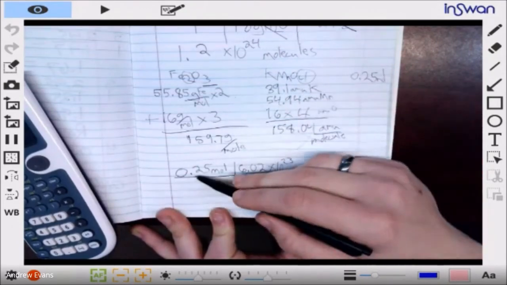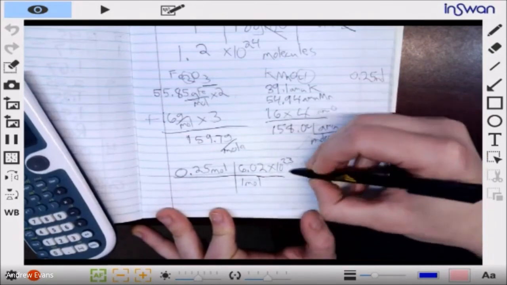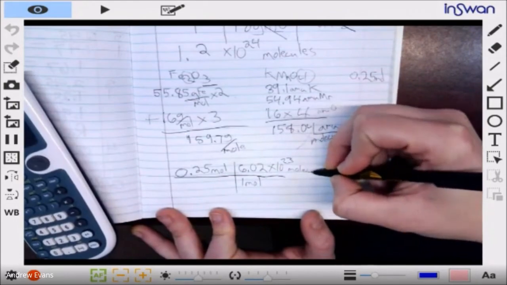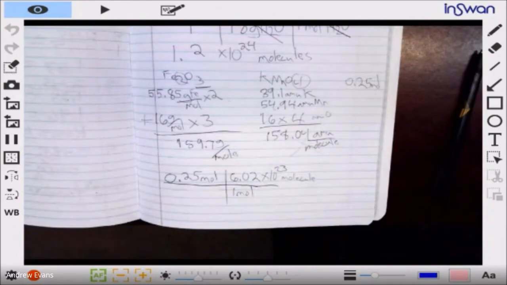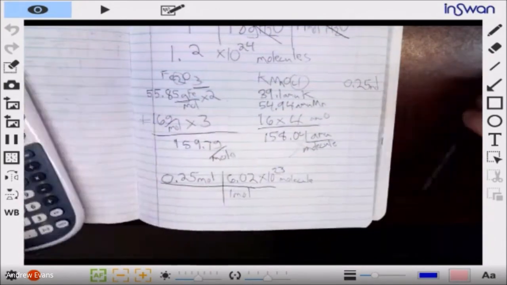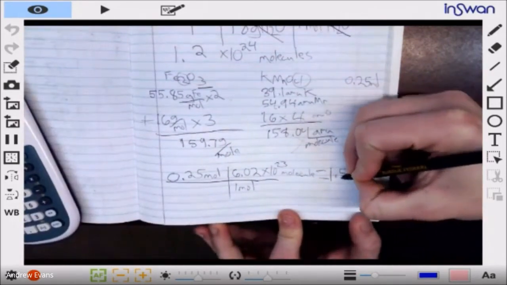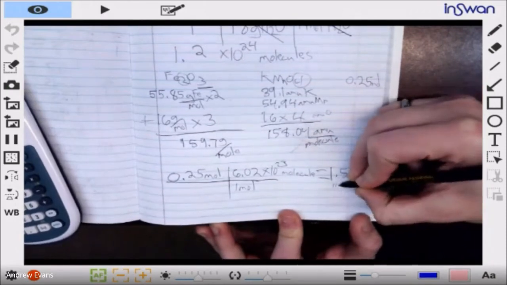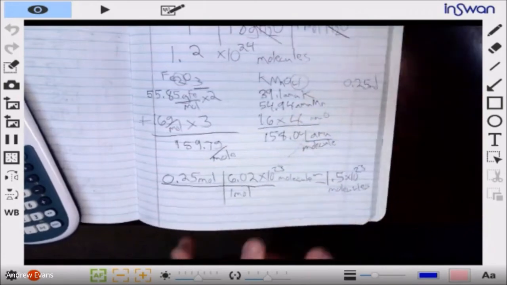So 0.25 moles, set up 1 mole is 6.022 times 10 to the 23rd molecules. So 6.022 times a quarter is 1.5 times 10 to the 23rd molecules. Okay.